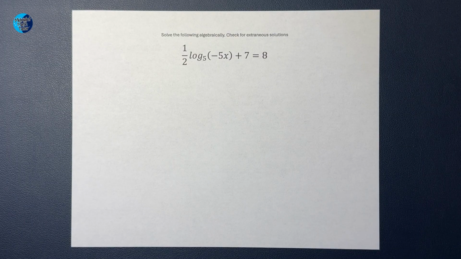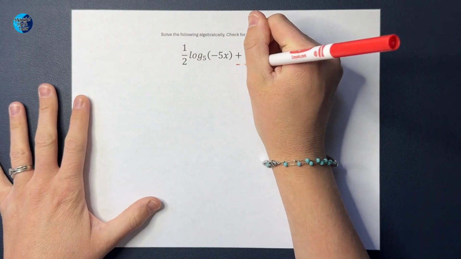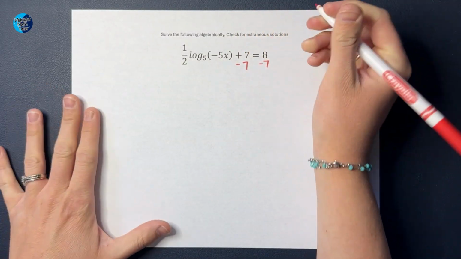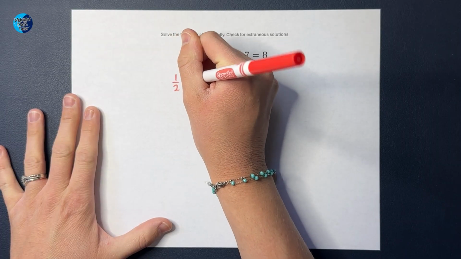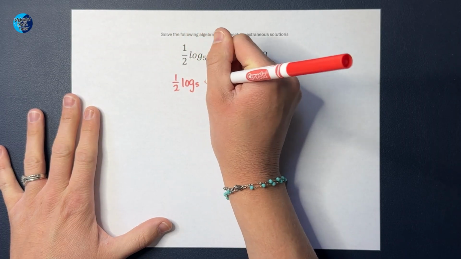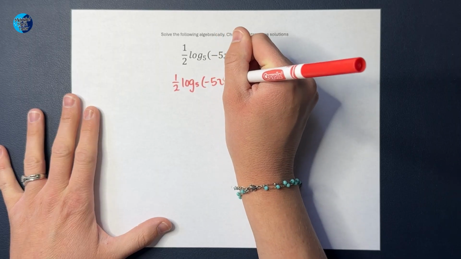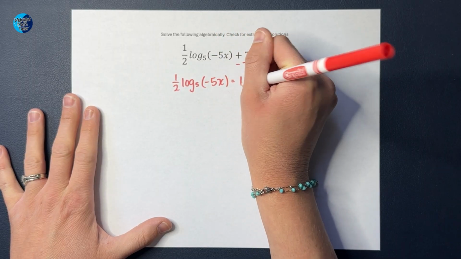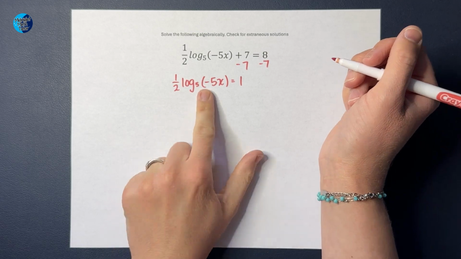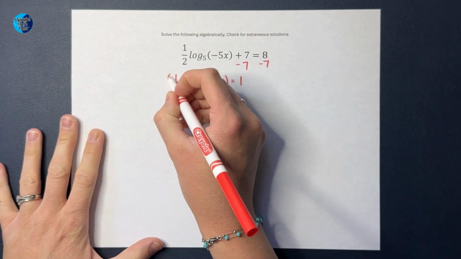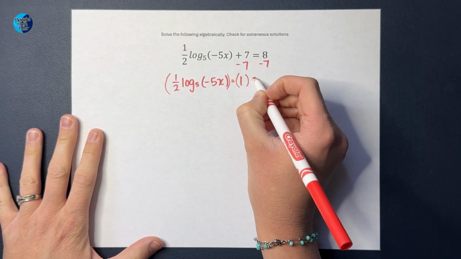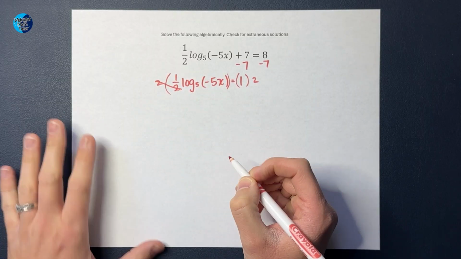All right, here is another example. If I'm going to try to get x alone, I'm going to subtract 7 from both sides. So I will have 1/2 log base 5 of negative 5x equals 1. Now this is very similar to the last one we just did. I'm going to multiply both sides by 2 to cancel out that fraction.